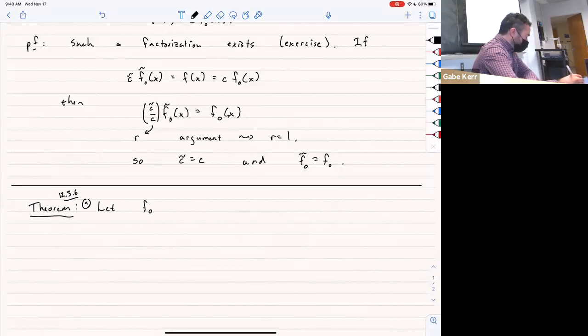Let f naught be primitive. Let g be an integer polynomial.